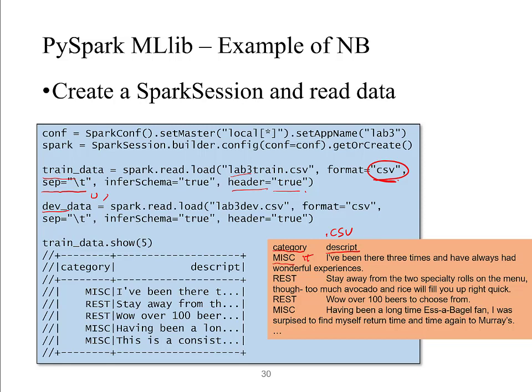So be aware that the header and the separator must be consistent with the CSV file. This is what the file is, and this is what you get when you show the first 5 rows. All right.